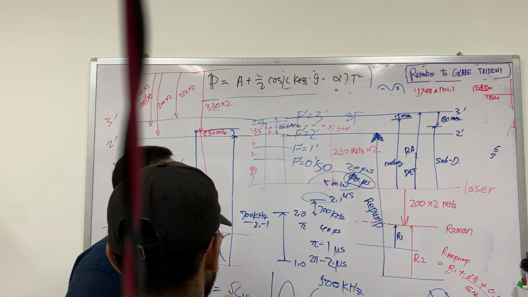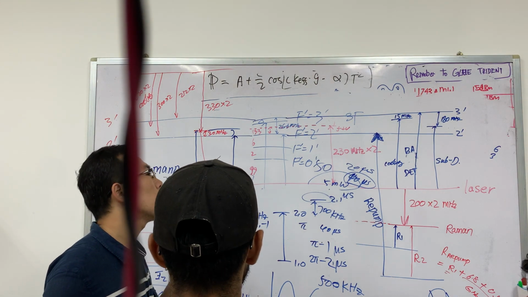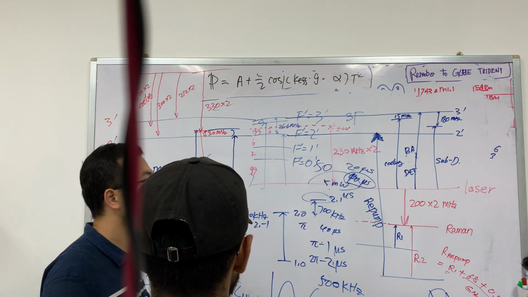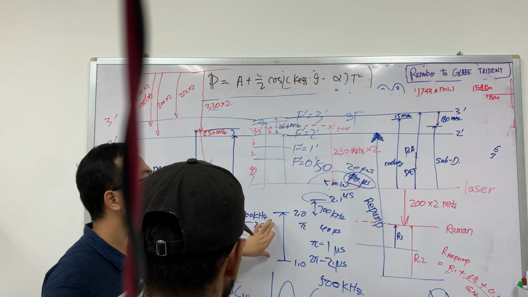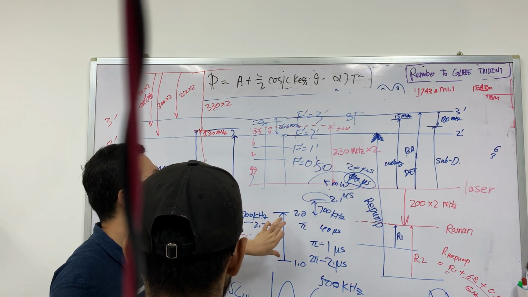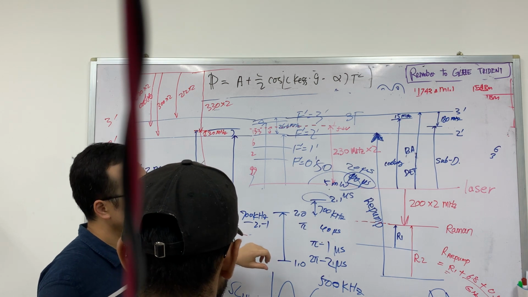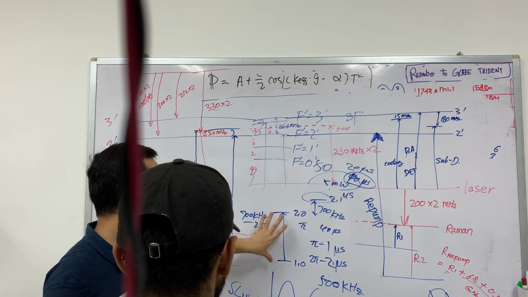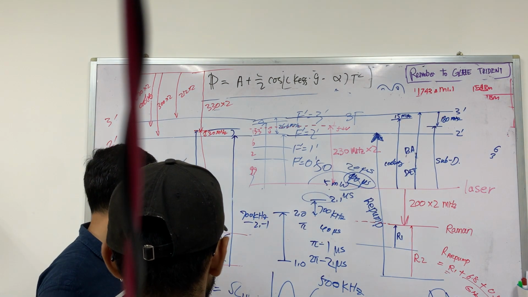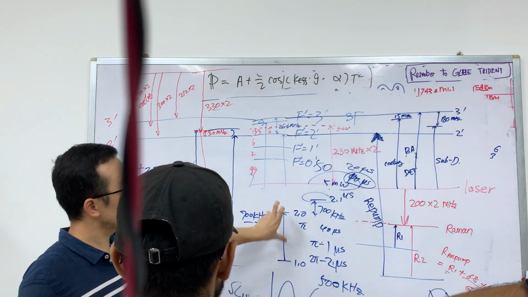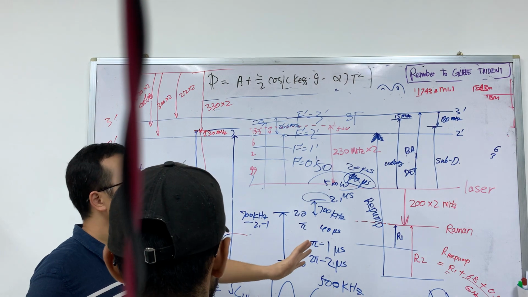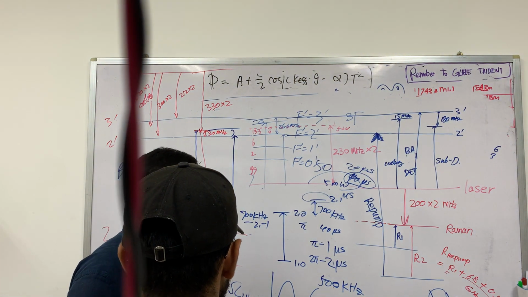But why don't people use a large B field? Because they want to avoid the second-order Zeeman shift. Second-order Zeeman shift is going to shift these two states unevenly. And you really rely on the 6.8 gigahertz clock transition. If it is being shifted, then you need to do a lot of calibration.